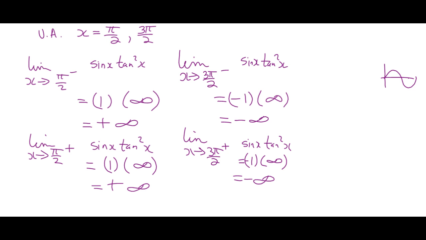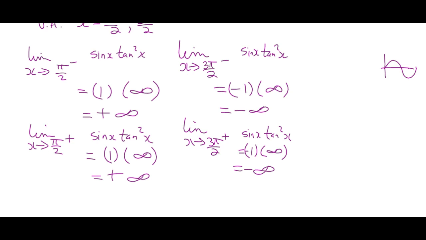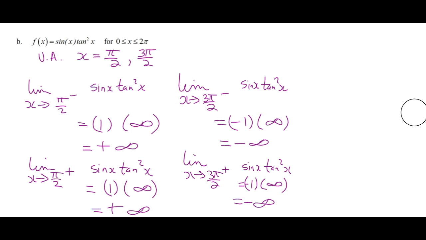Okay, so sketching. Let's do that. 0, pi, so pi over 2, 3 pi over 2, there's pi, there's 2 pi.